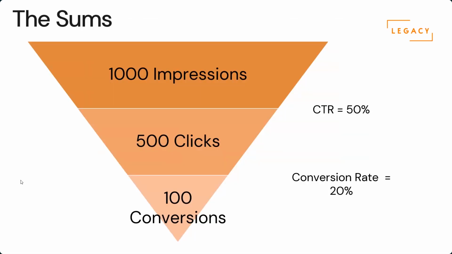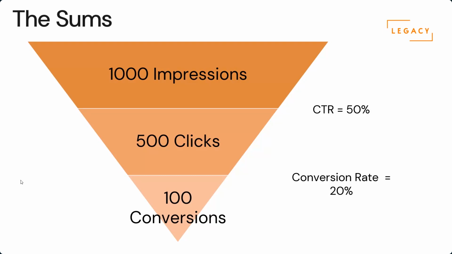In terms of the sums, I want to give a really easy understanding of it. If we show 1,000 impressions, we have a click-through rate of 50%. So that's the number of clicks coming from our impressions. We'll drive 500 clicks.